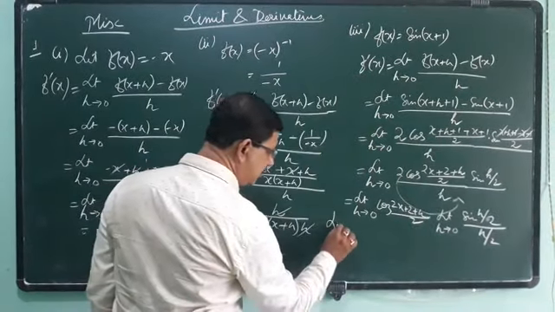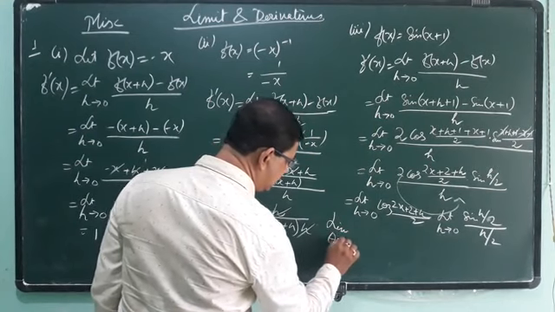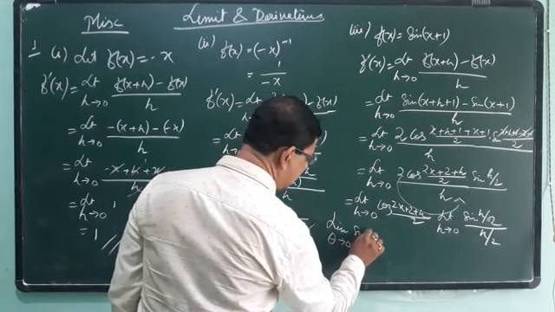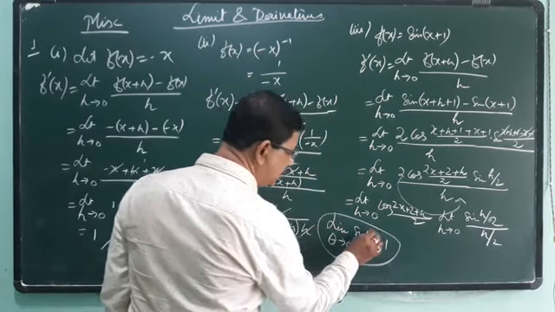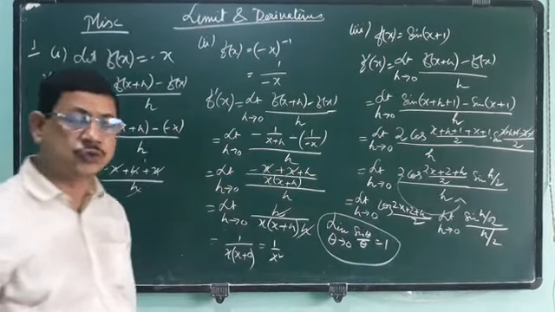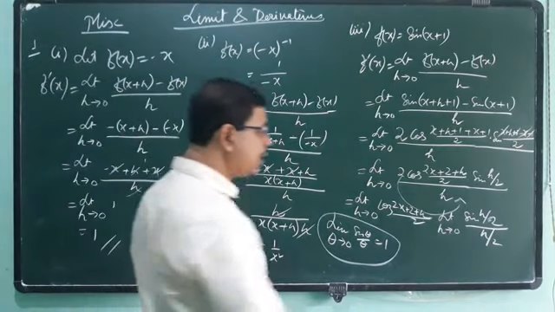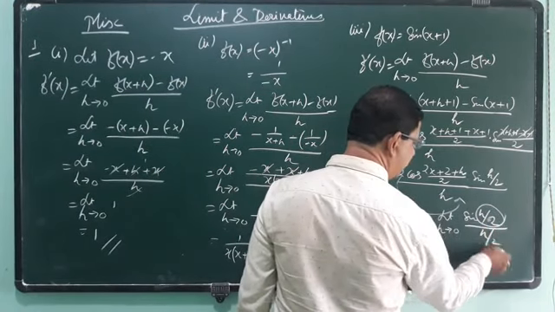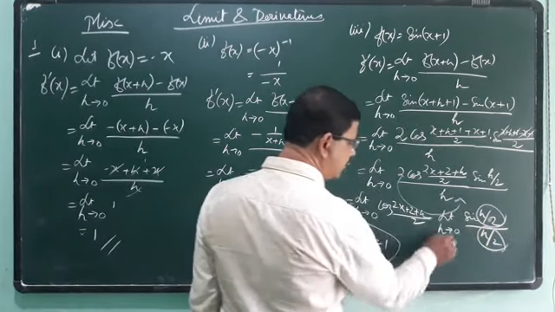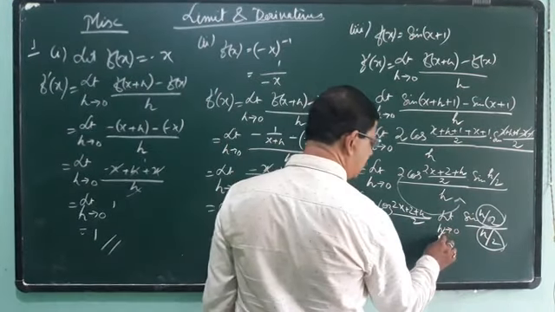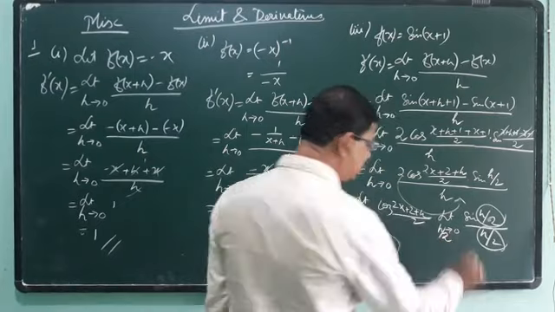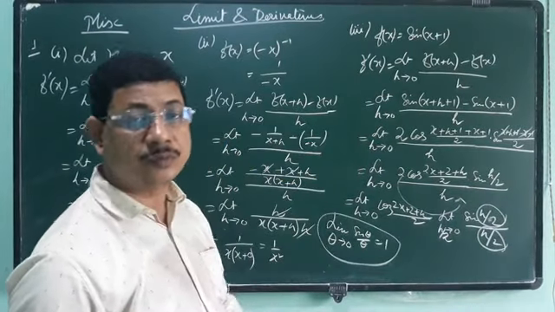Now see, we have the formula: limit theta tends to 0, sin theta by theta is equal to 1. So here both thetas should be the same. Here h by 2 I am able to make. Can we write this one as h by 2? H tends to 0 means it is very small, so h by 2 is also very small.